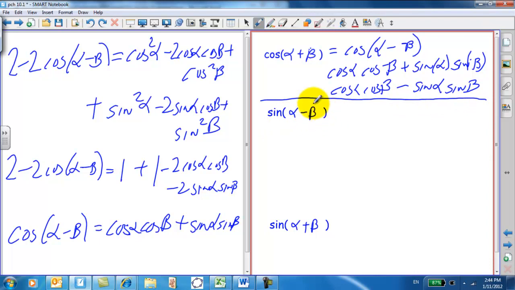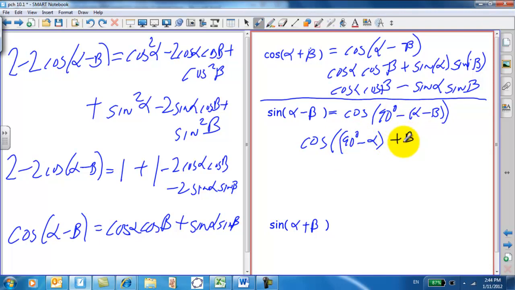Sine of alpha minus beta is a little trickier, but we can view it in terms of sine being equal to the cosine of 90 degrees minus alpha minus beta using the cofunction trick. And then we change this into the cosine of 90 degrees minus alpha plus beta.